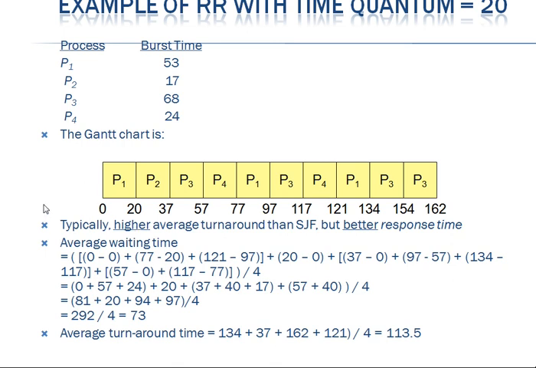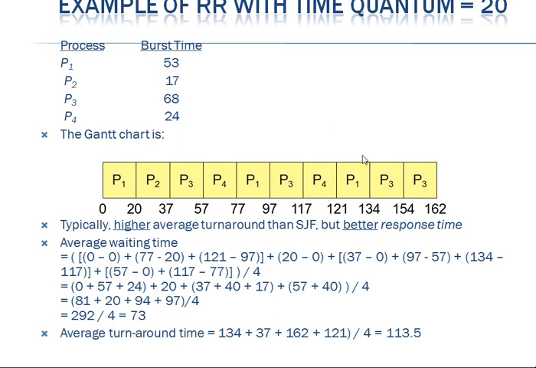Here we typically get a higher average turnaround time than SJF. You are getting a higher turnaround time compared to shortest job first, but you are getting better response time, because the processes do not have to wait for one long process to finish its execution.